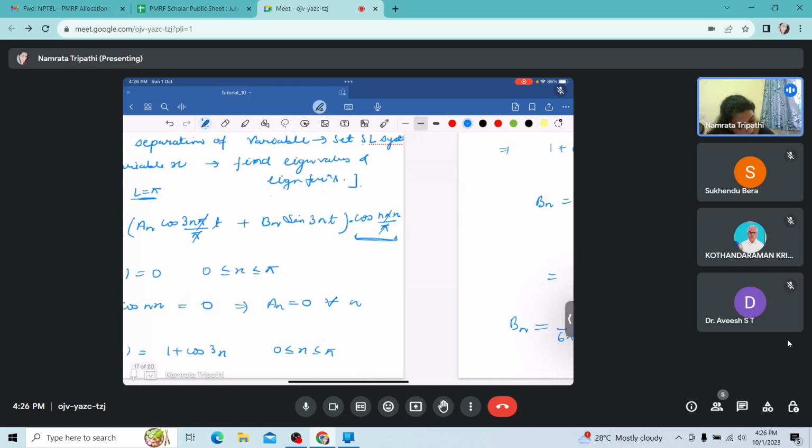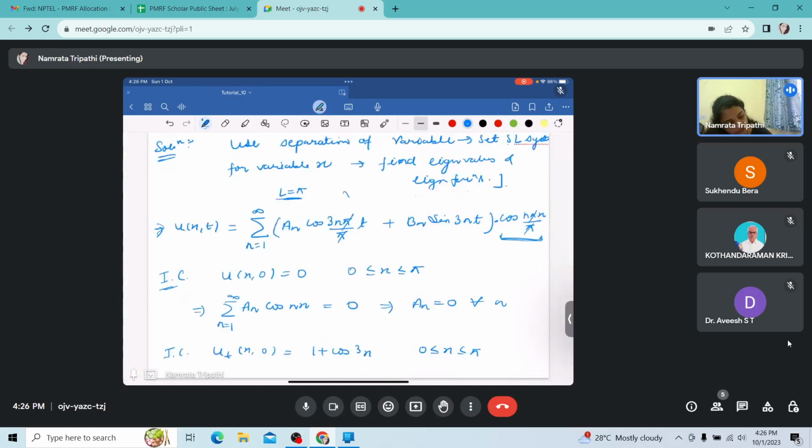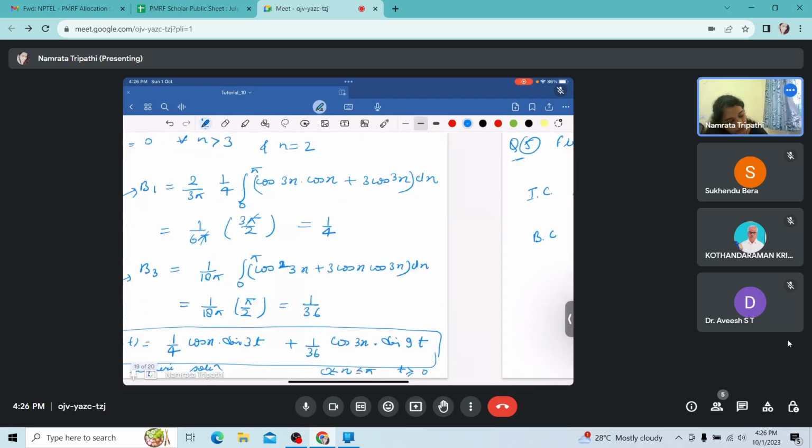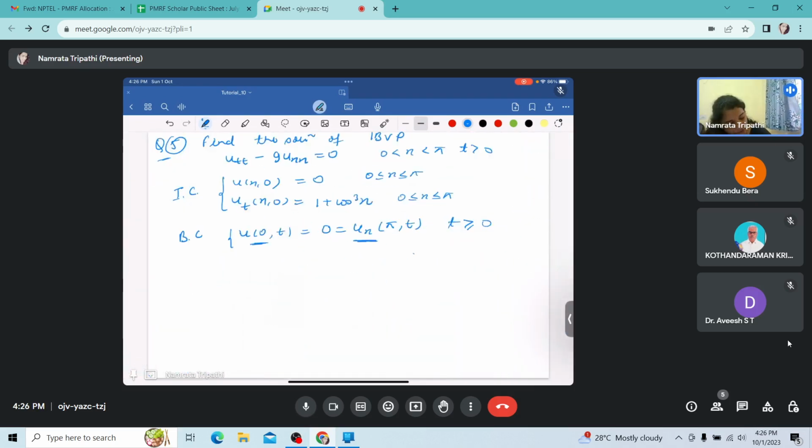In this question, you will get the boundary condition and another boundary condition. Both involve derivatives, but in this expression, after simplifying, you will get the boundary condition like this. Fine.